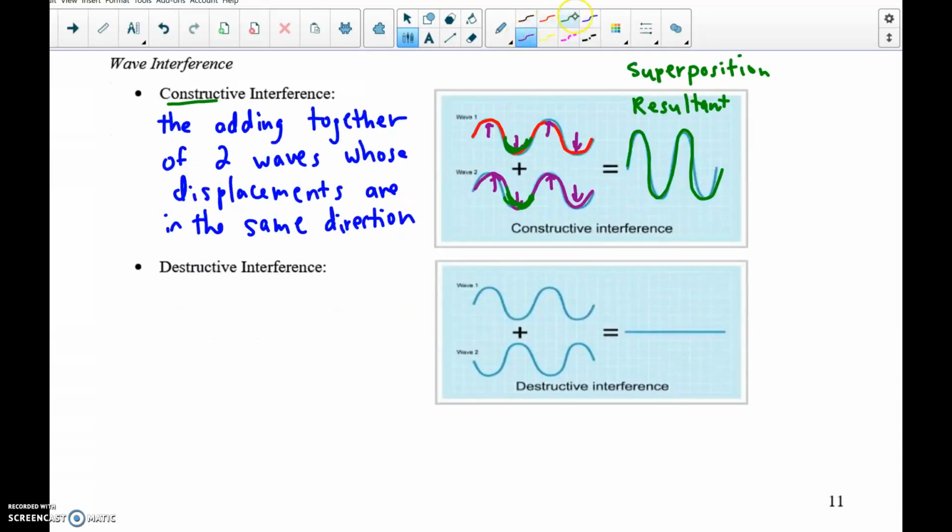That's when they are on opposite sides. It's the canceling out, we'll say, of two waves that are overlapping. They're on top of each other.